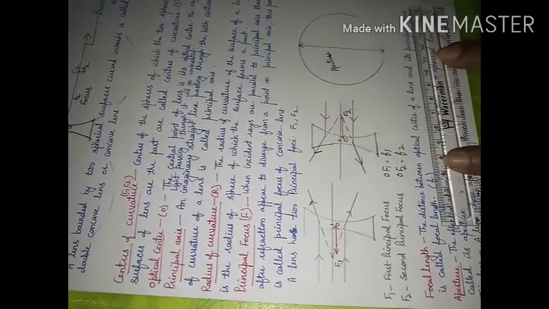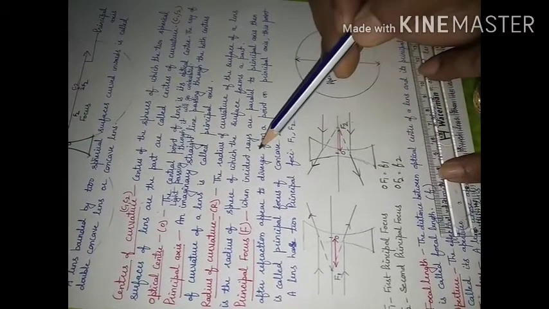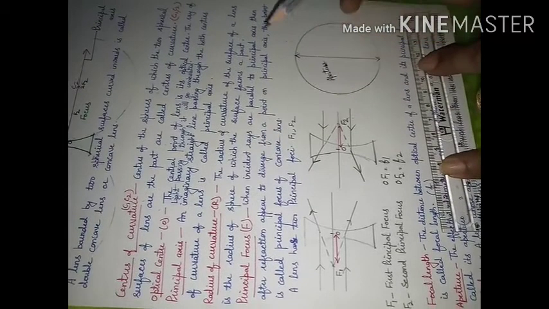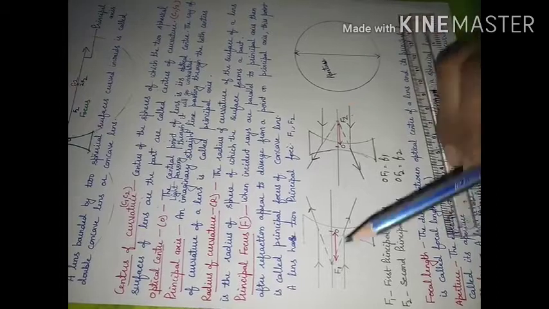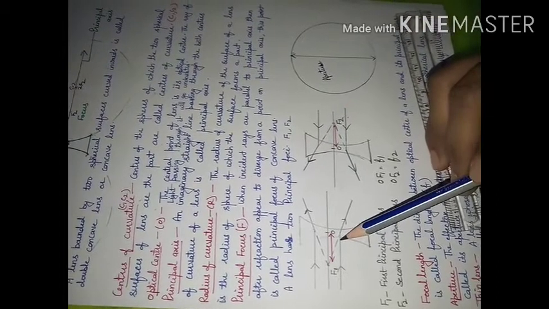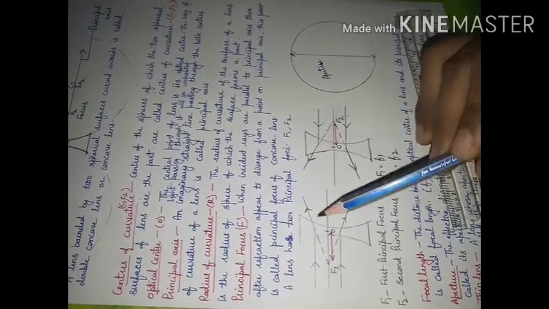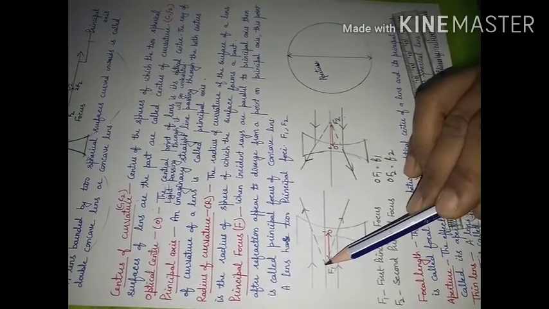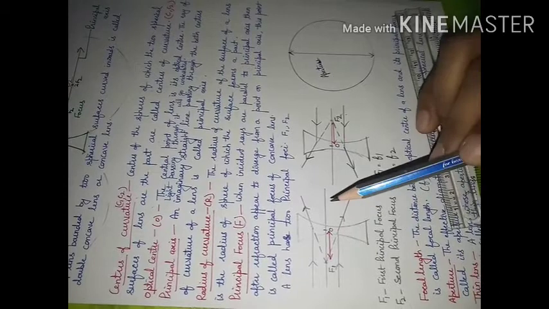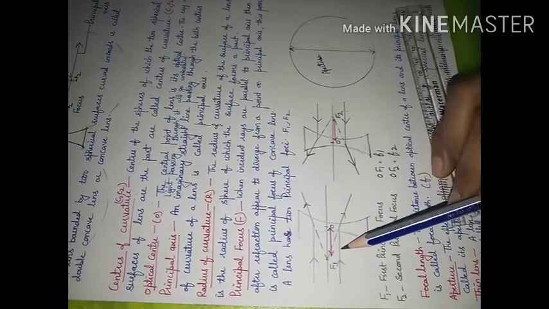What is principal focus? Principal focus is a point on the principal axis such that if rays which are parallel to the principal axis, after refraction through a concave lens, appear to diverge from that point. Meaning, these are the parallel rays.